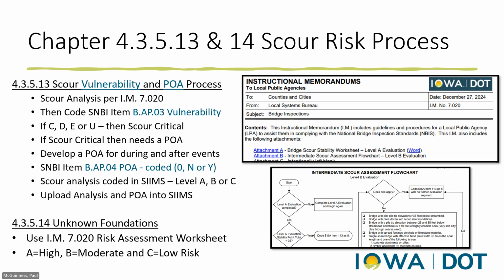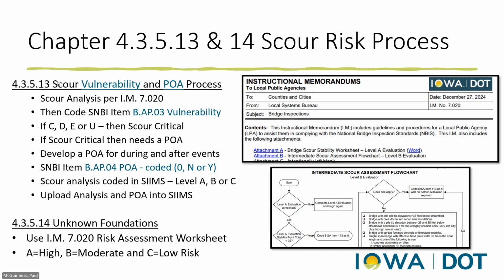And the scour analysis is now an ABCD type coding instead of 1, 2, 3, 4. Kind of helps with recognizing the difference in the new coding. For unknown foundations, that assessment will still remain the same based on the information available in the IM.